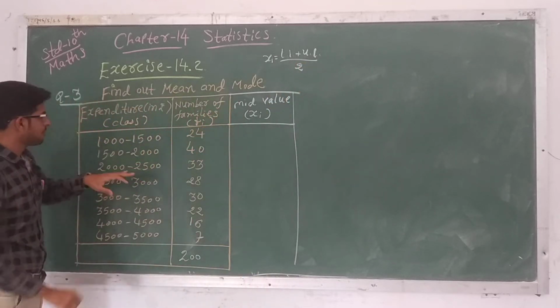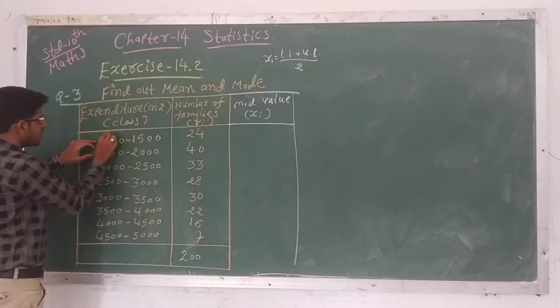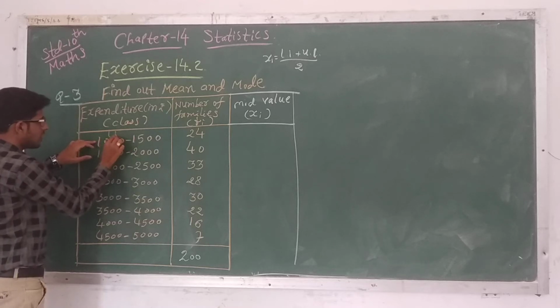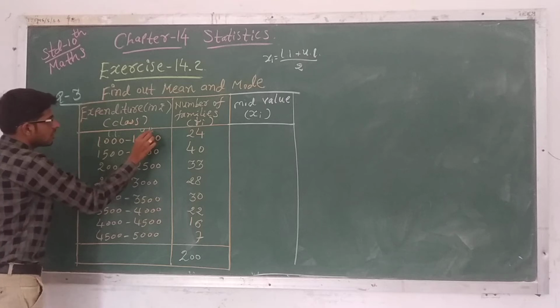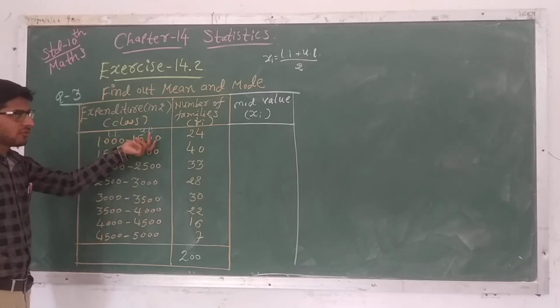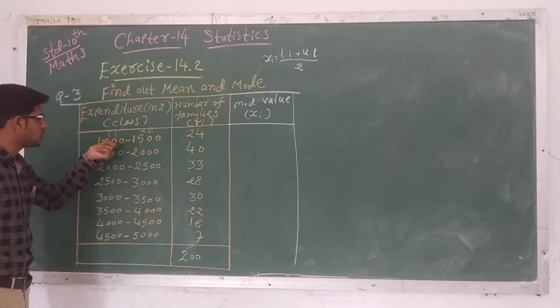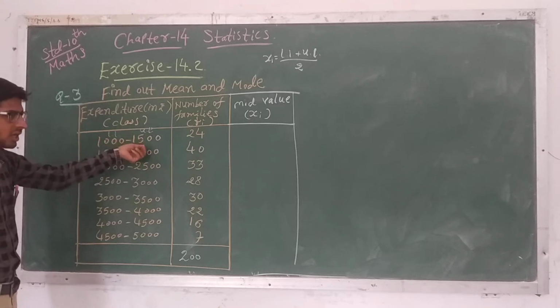In the first class, lower limit will be 1000 and upper limit will be 1500. So 1000 plus 1500 divided by 2.